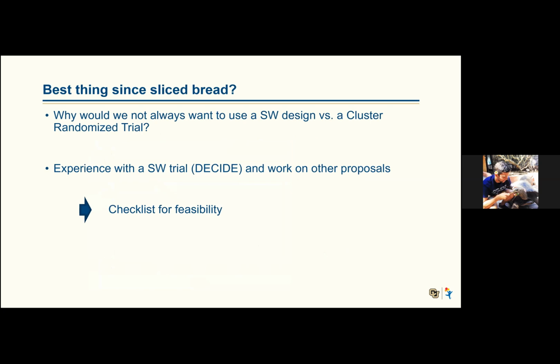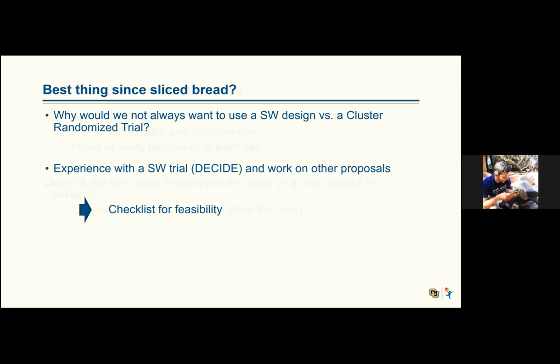I basically go through this checklist when somebody shows up in my office and says, you know, I've heard about this great design and we want to do it, because we will need a smaller sample size. And I go, okay, there's a bunch of questions that we need to answer before we jump into this. And there might be a reason not to do a stepped wedge design.